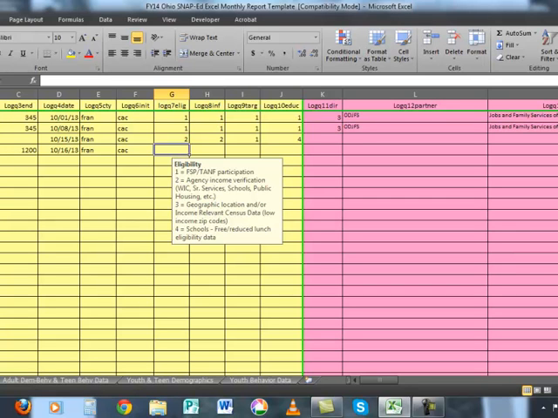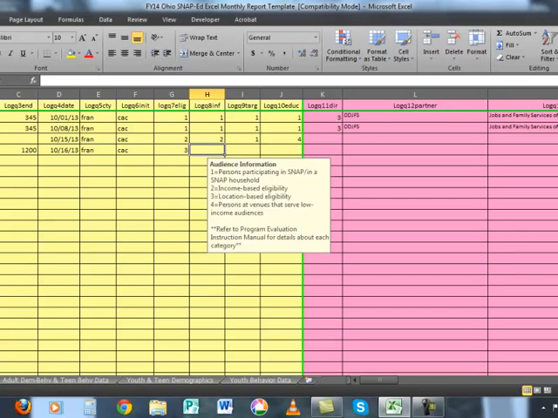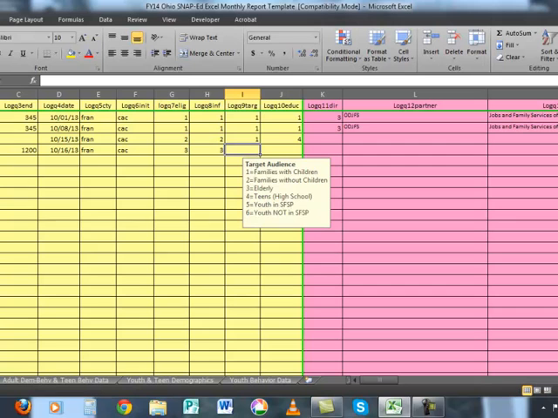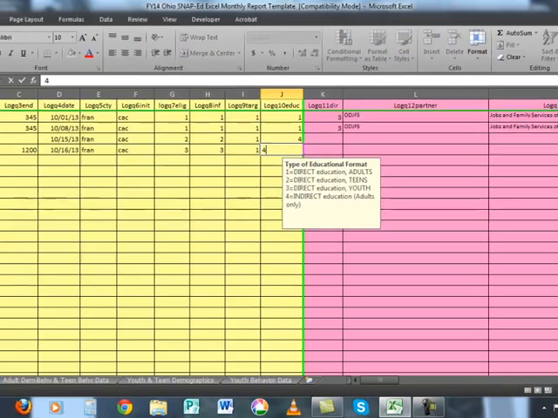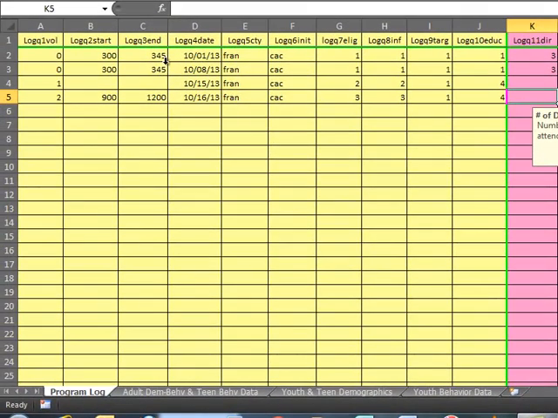So it's a low-income zip code. It was a location-based eligibility, and the targeted audience was, again, let's say families with children, and so it was an indirect education because it didn't satisfy the definition of a direct education.